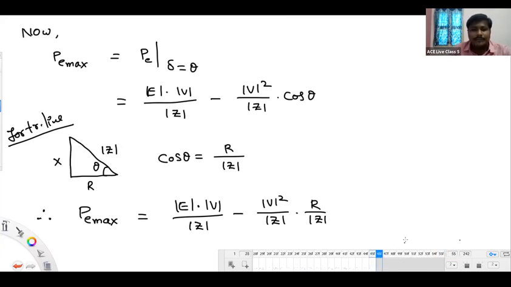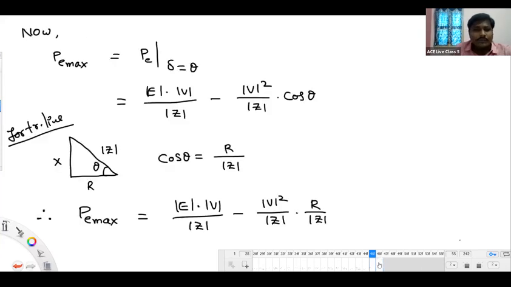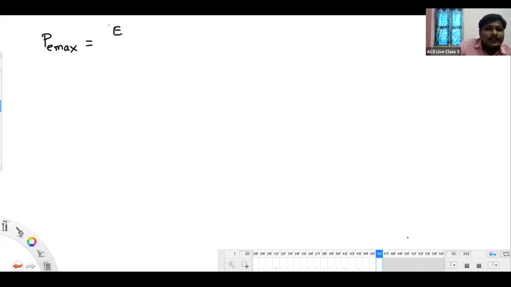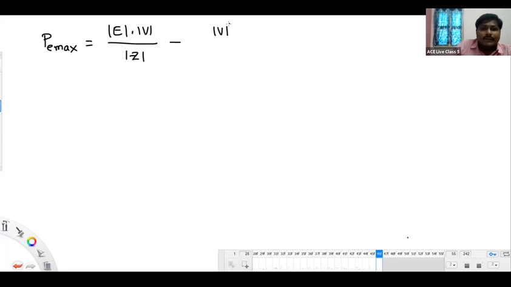Kindly observe. So this maximum power transfer is equal to mod E mod V by mod Z, minus mod V square into resistance by mod Z square.